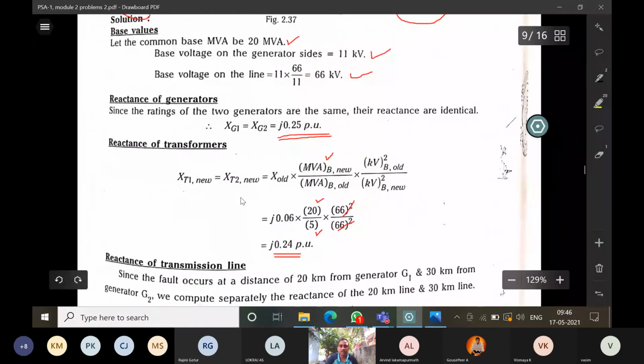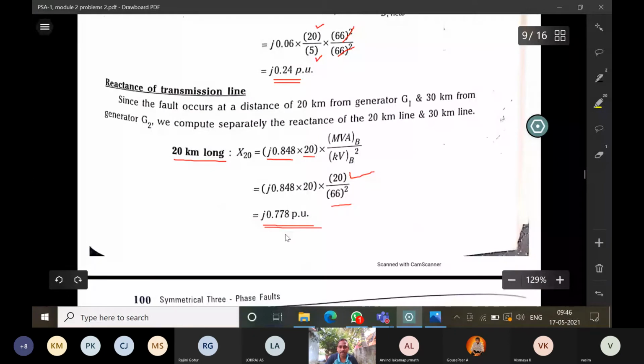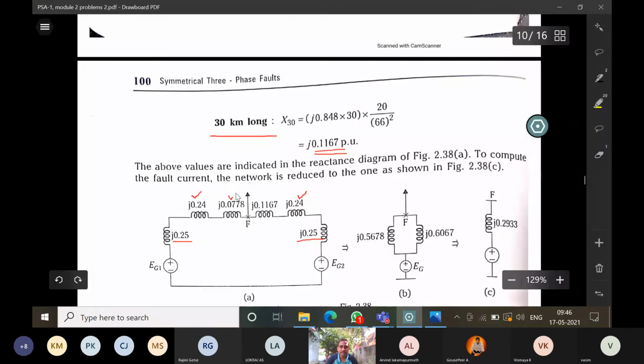In between the transformers, the transmission line is there, 20 kilometer to point F, and from point F 30 kilometer. The 20 kilometer line you have calculated as j0.778. After the fault, it is 0.1167, because the fault is in between the transmission line.